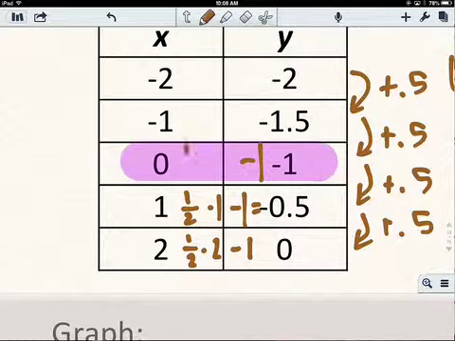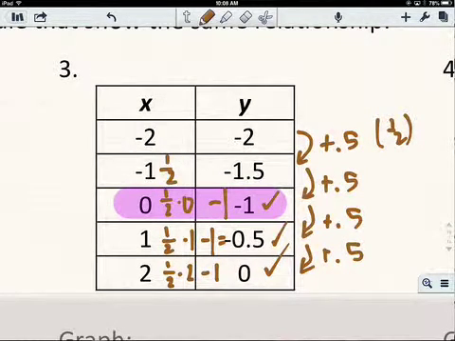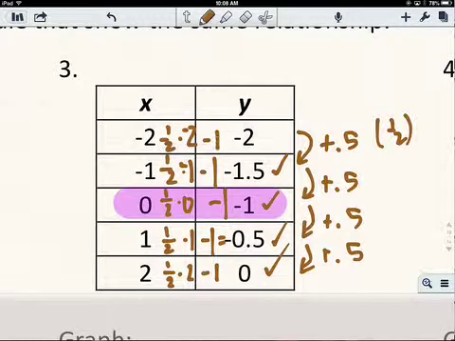Cool. 1 half times 0 minus 1 is negative 1. 1 half times negative 1 is negative a half. Minus 1 is negative 1.5. Cool. 1 half times negative 2 is negative 1. Minus 1 is negative 2.